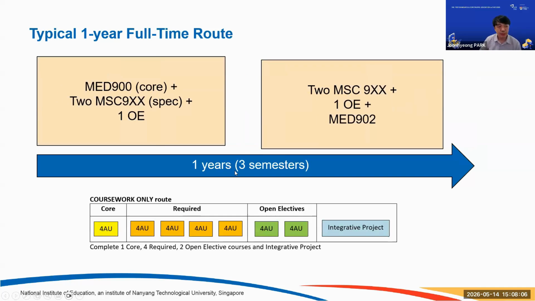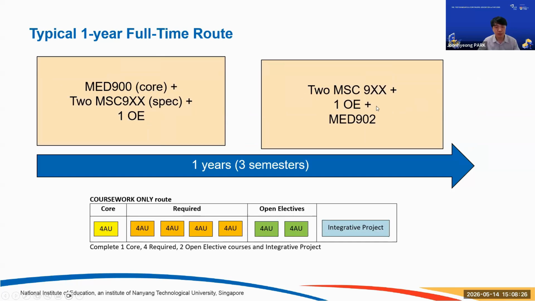If you are considering the typical 1-year full-time route, then each semester requires completion of 4 courses: one MED 00 course, 2 specialized courses and 1 elective course.